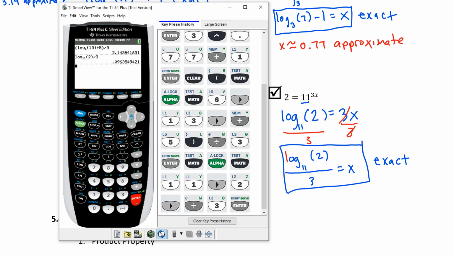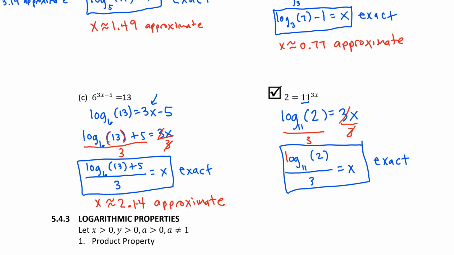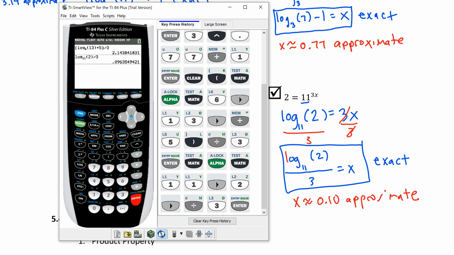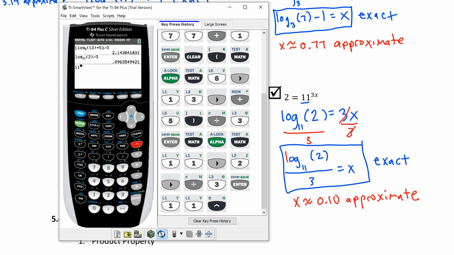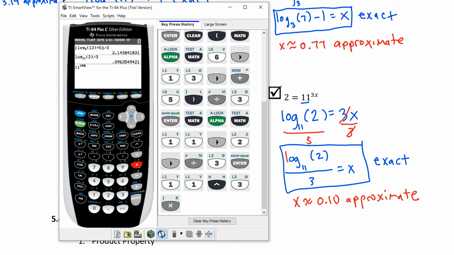We need to round it up if we're going 2 decimal places, so how about 0.10? So x is approximately, remember the squiggly equals just indicates approximate as opposed to exact. If we want to check it, I'm just going to use the approximation. 11 to the exponent, 3 times 0.1 should be in the ballpark of 2 and looks pretty good to me.